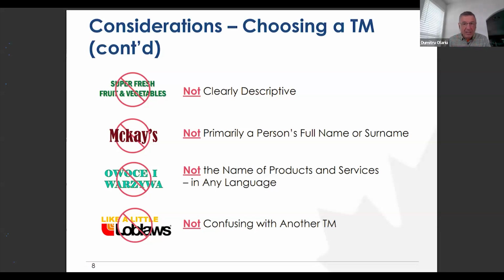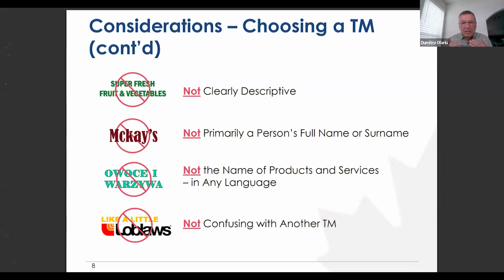When you start registering a trademark, unless the name is backed by proper marketing promotion, I would say, to make it work as a trademark, it may not work. We'll see the example in the next slide actually.